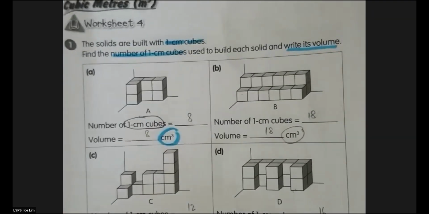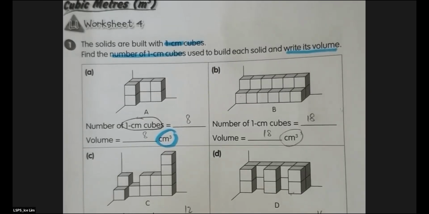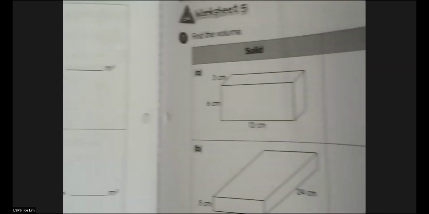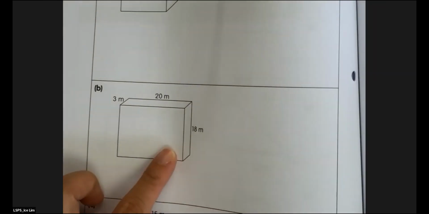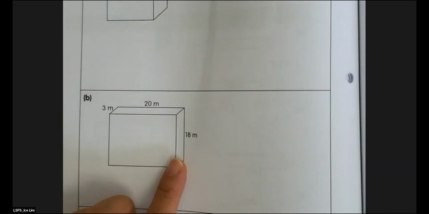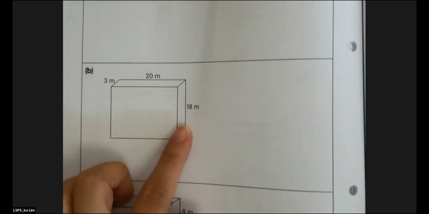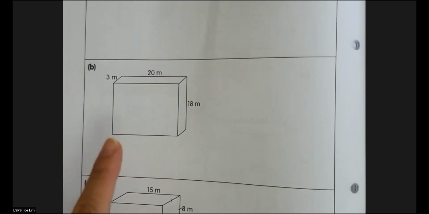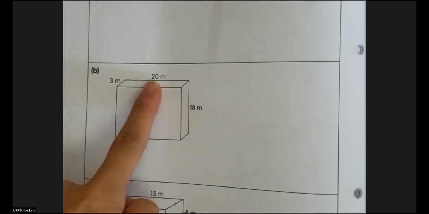If it's a building that is like, what? For example, if you see a building that is 10 meters, like this one here. Are you looking at my screen? Don't look at somebody else's screen. If you look at this one here, 18 meters. This block on your worksheet looks like 3 meters, 20 meters, 18 meters.